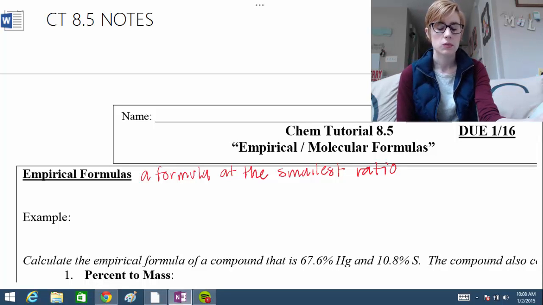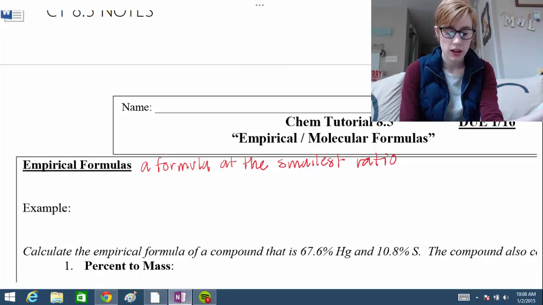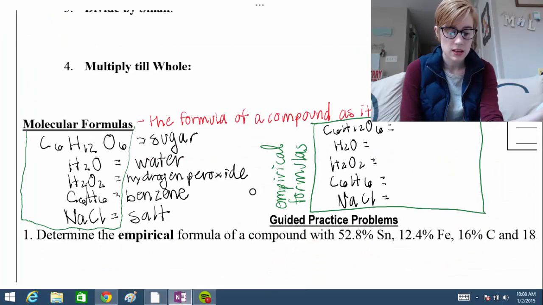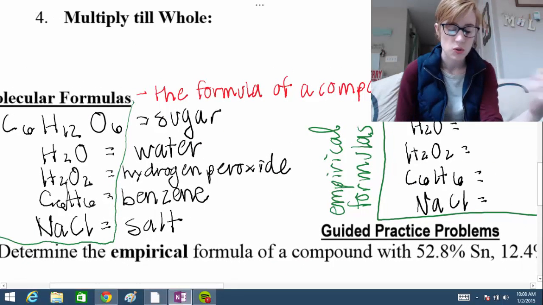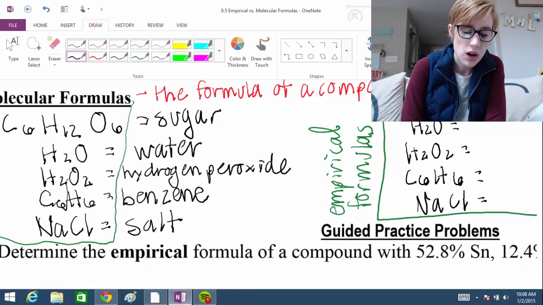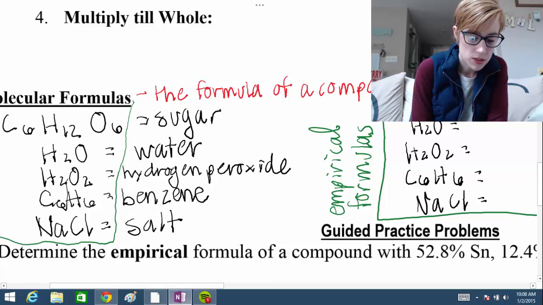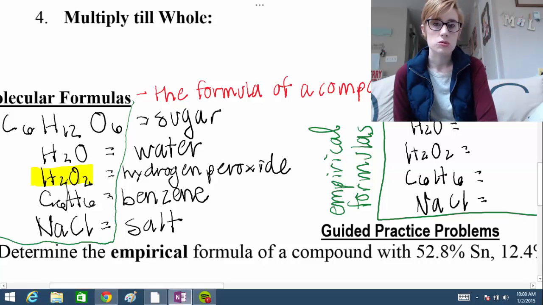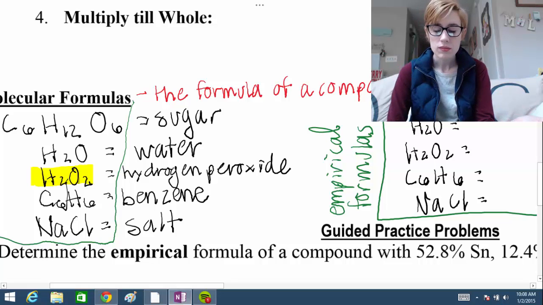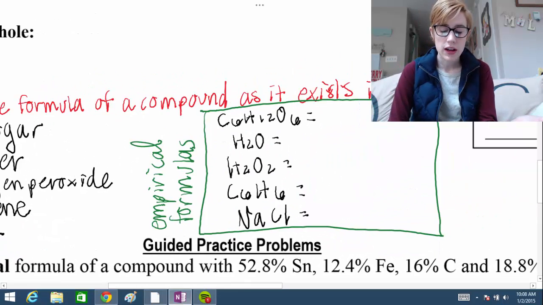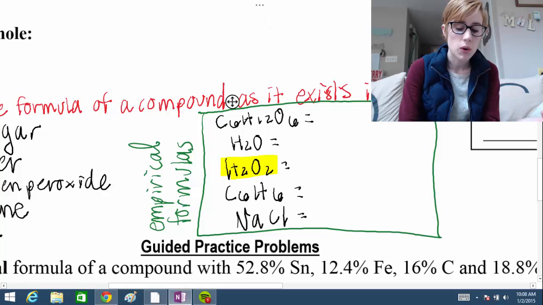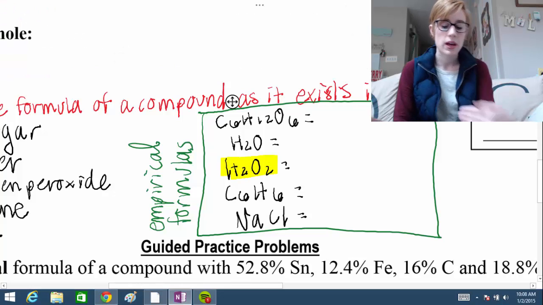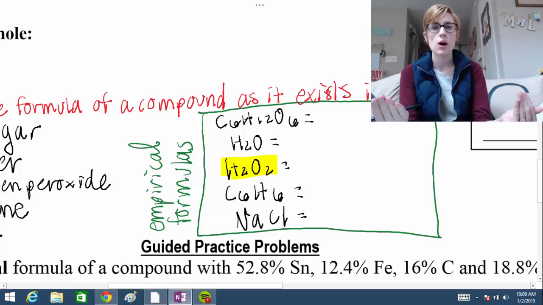What does ratio mean? Well, let's take a look at something easy like hydrogen peroxide, or H2O2. Hydrogen peroxide is made of two H's and two O's put together. That's the natural molecular formula. If I asked you to find the empirical formula for that compound, all we would do is look at the ratio. Right now we have two hydrogens for every two oxygens.